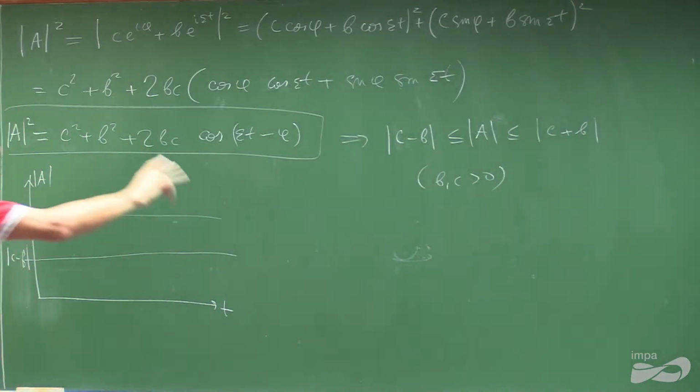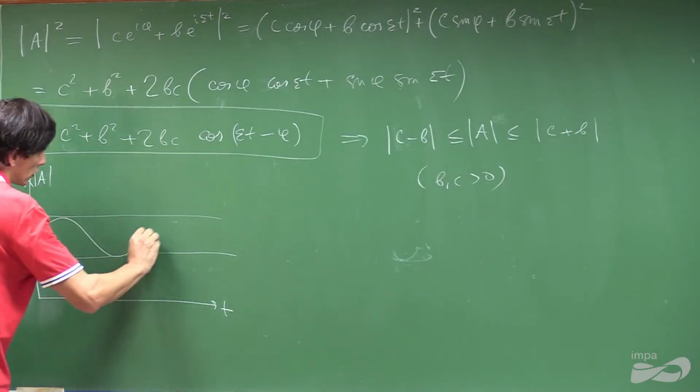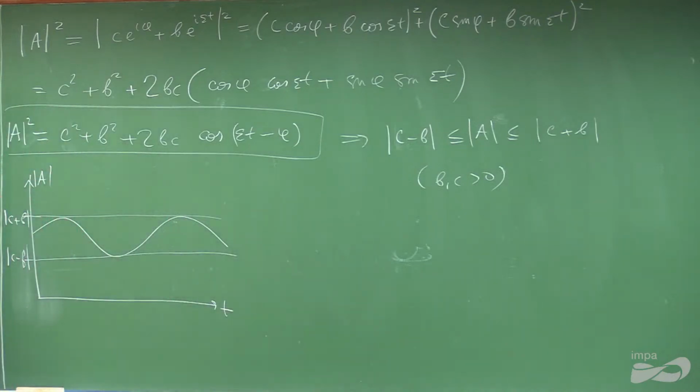If they're not positive, you just make a slight modification of this formula. So A is just a slowly changing function between the two values. This is A squared, the squared amplitude.